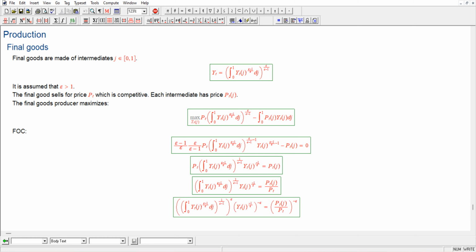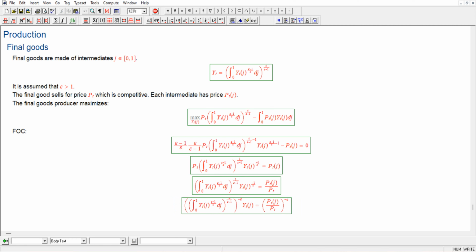What's going to happen here? Well, this stays as it is. Notice that we multiply these powers, and so this becomes 1.